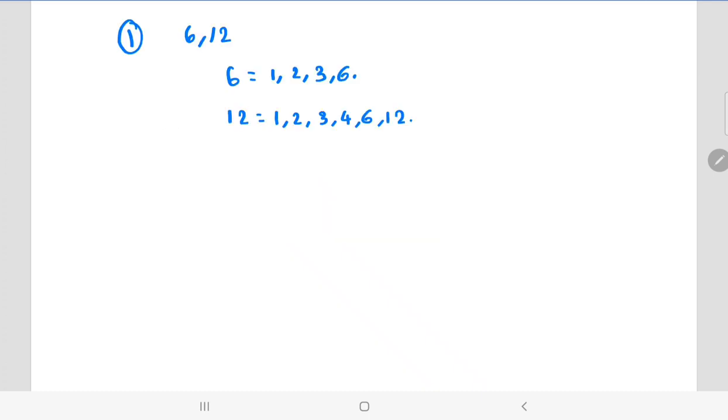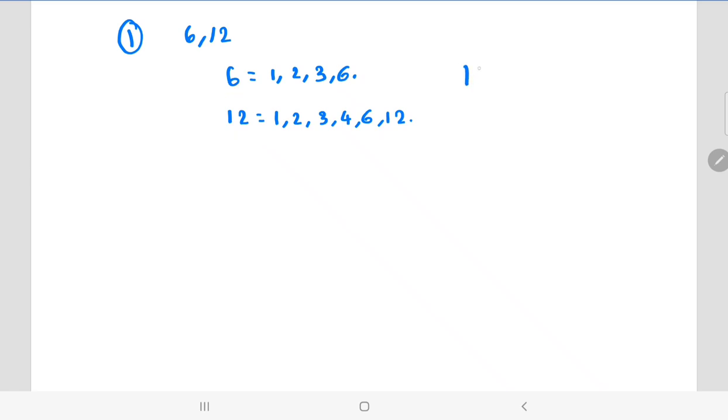So students, I already told you how to find the factors of a number. So the factors of 6 are 1, 2, 3 and 6. The factors of 12 are 1, 2, 3, 4, 6 and 12.